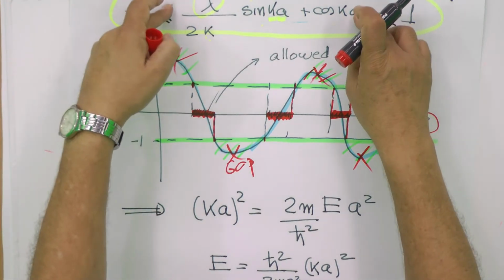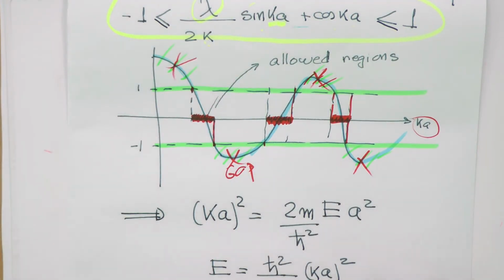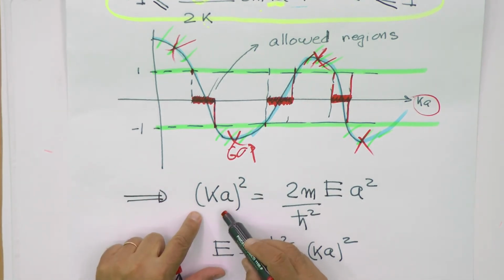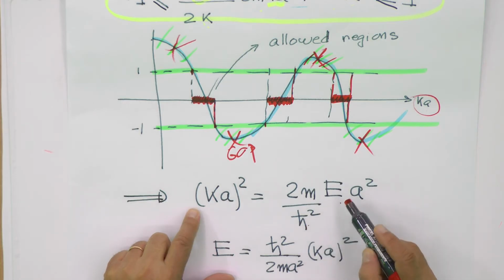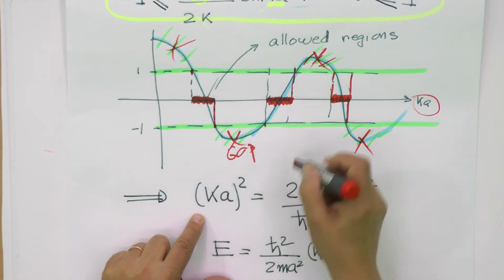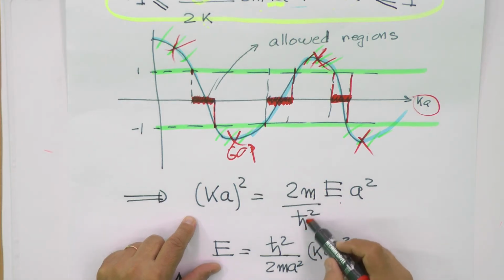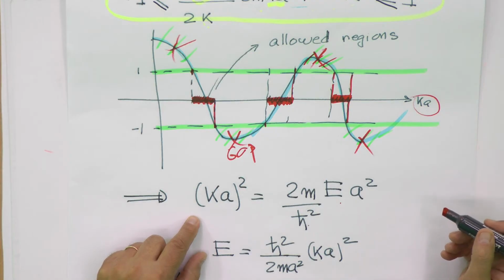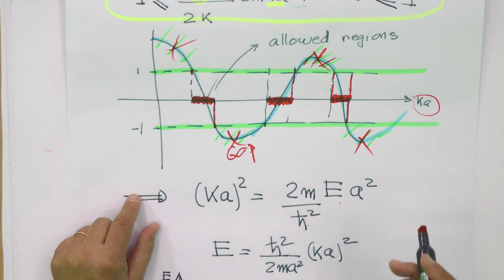Anything that gives values bigger than 1 or smaller than minus 1 is taken out. And because K squared is 2m divided by h bar squared times E, Ka squared is basically 2m over h bar squared times E a squared. Here I kept a and a, just to be redundant.